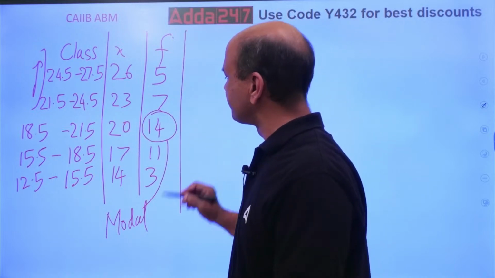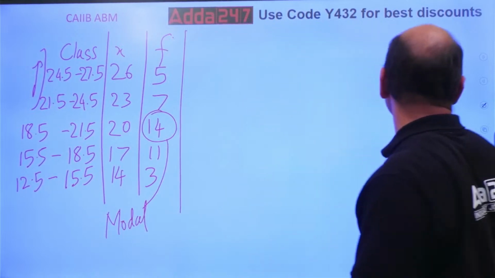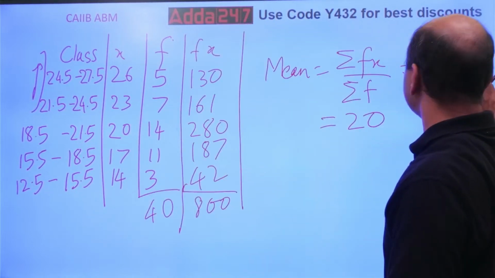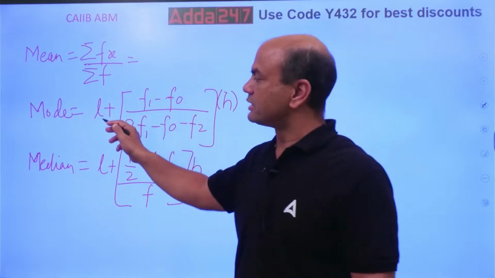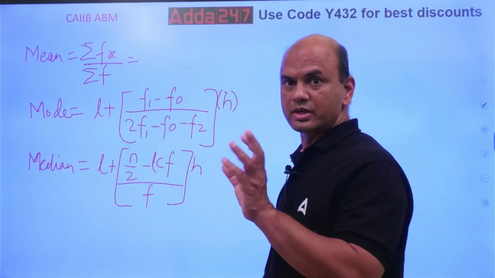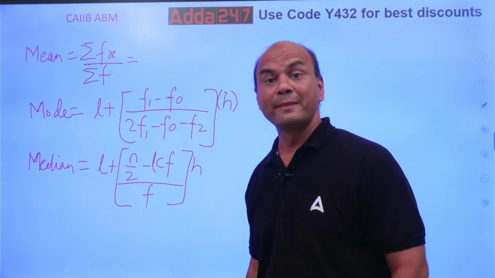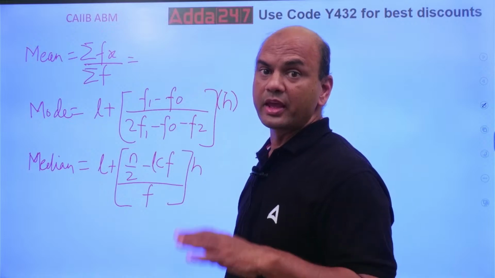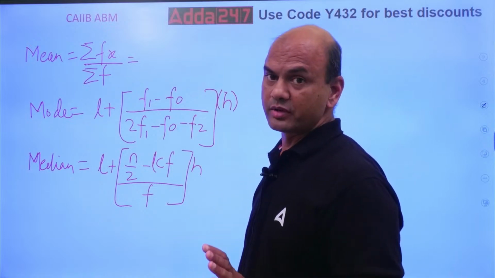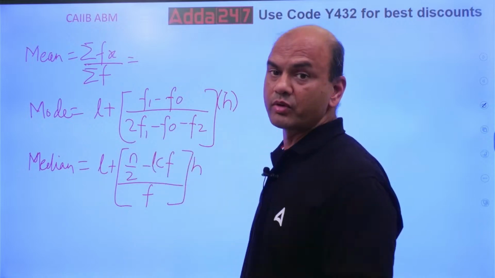Now what you do? L means the lower part of this modal class, the lower level of this modal class. F1 is the frequency. Which frequency? F1, F0, F2. Now you have three frequencies. What are those?